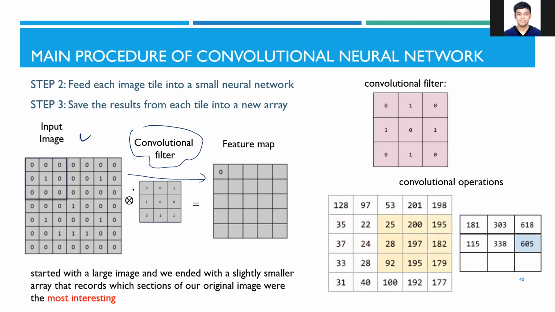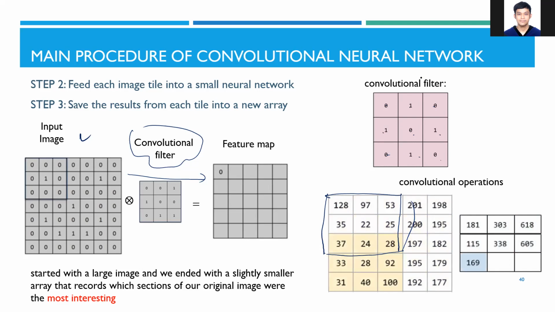Mathematically it's a simple operation. For example, this is the convolution filter that we use, and this is the original image. So this is 0 1 0 1 0 1 0 1 1. Okay, so first, this is 3 by 3 dimension, and we focus on this first.